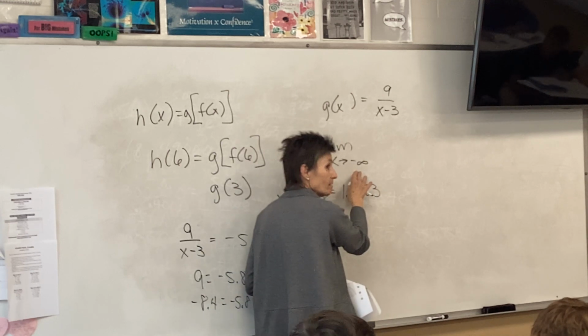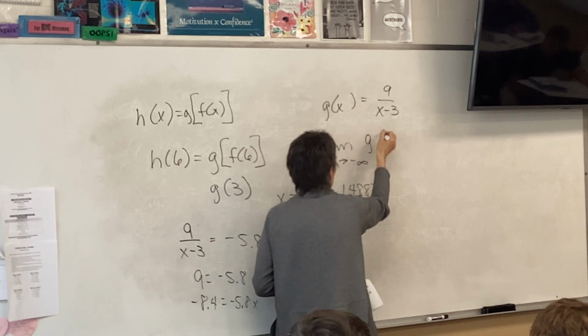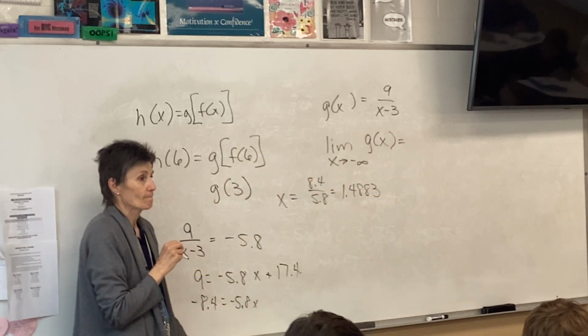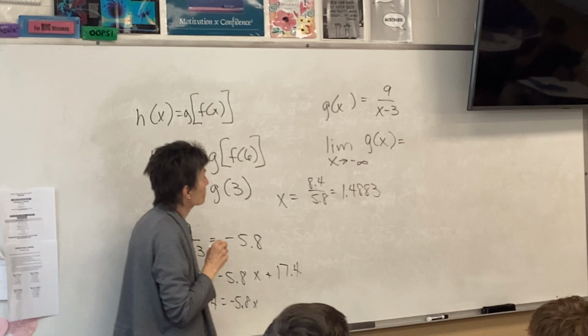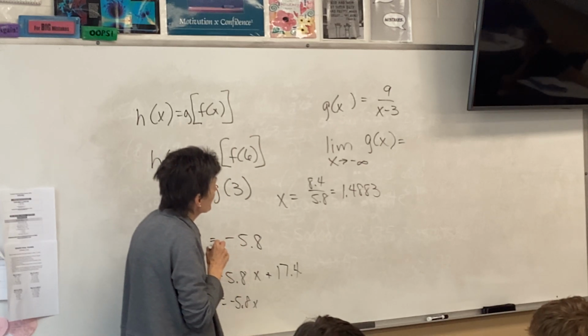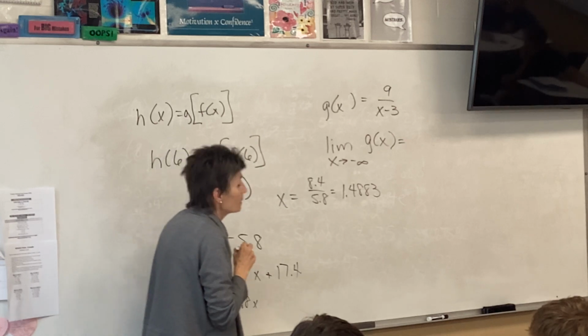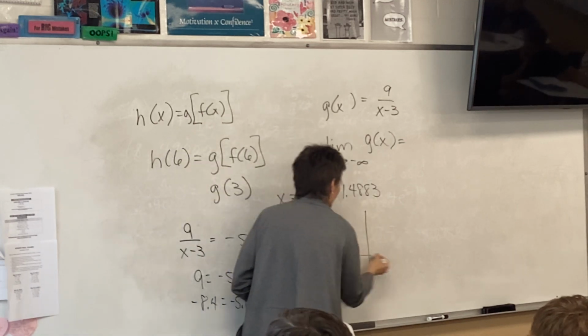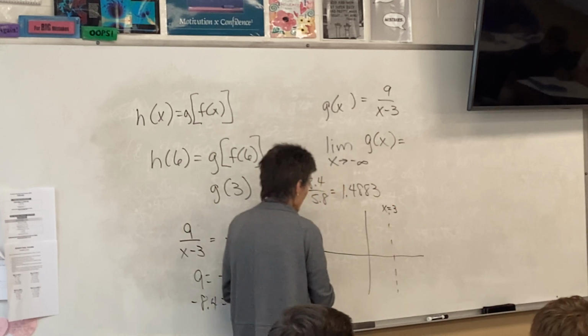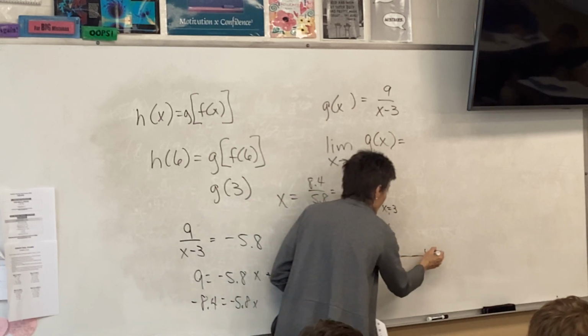We're decreasing. This guy will have a vertical asymptote at 3. Would you agree with that? He'll have a horizontal asymptote at 0.